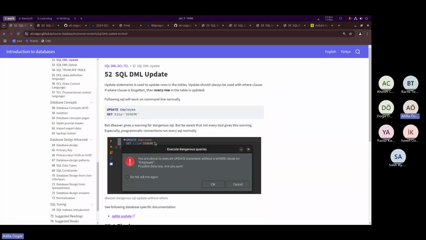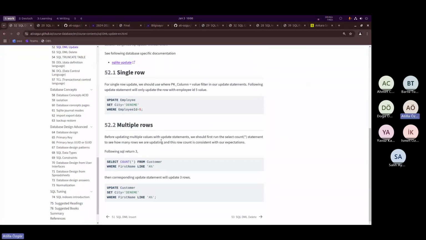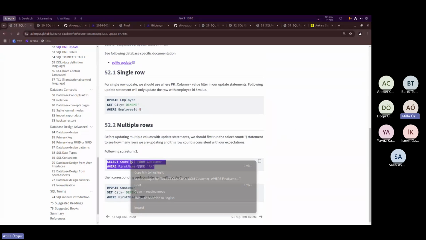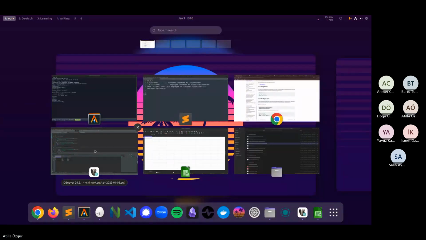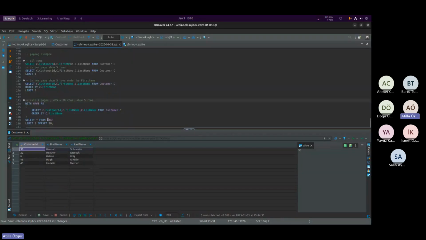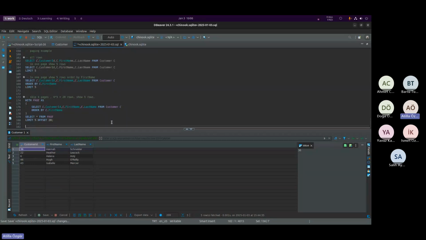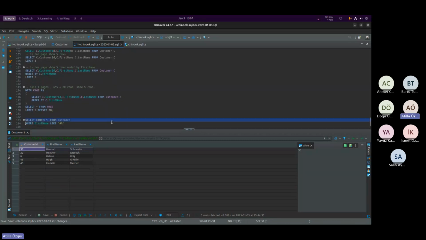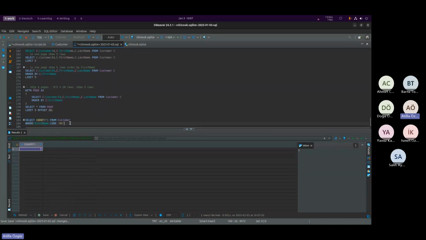Update is the same. Okay. For update and delete, you should first select how many rows you are updating or how many you are deleting. Then you should run your queries. For example, here in my Chinook database, let's say I would like to update a table for names starting with A. Here I see the first three rows I am changing.